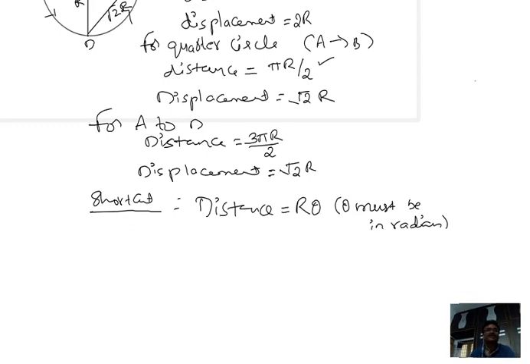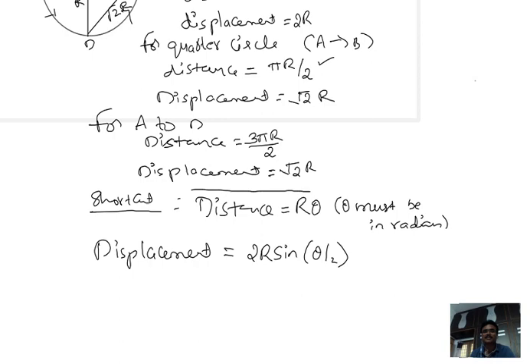Now what about displacement? The formula is 2r sine of theta by 2. So this is the distance formula and this is the displacement formula.